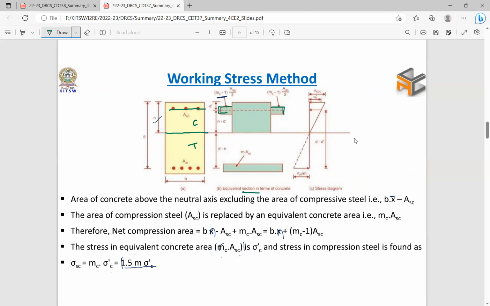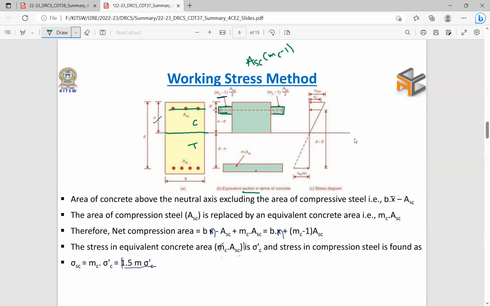The steel strength is more. How much more? It is ASC into (MC minus 1) times more than that of concrete. So at this location, we are converting to equivalent concrete strength.